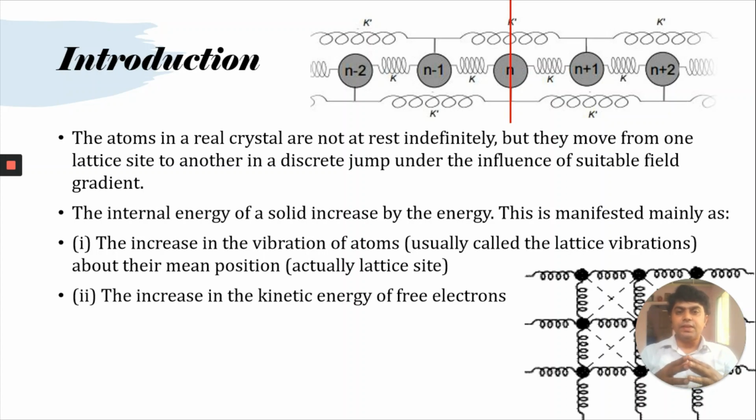This generates an internal energy and gives rise to two important concepts. One, the vibration which is generated within the atom, which is considered to be lattice vibration. The second is the kinetic energy, how it is given, I mean liberated. These are the important concepts which we need to understand.